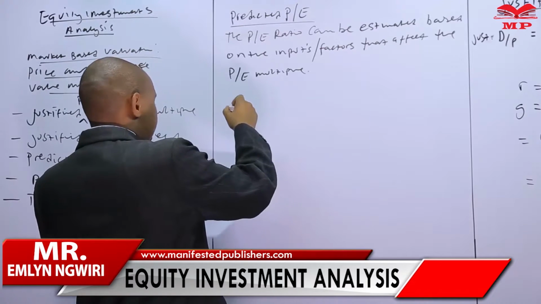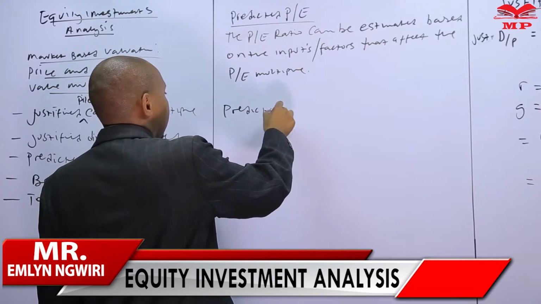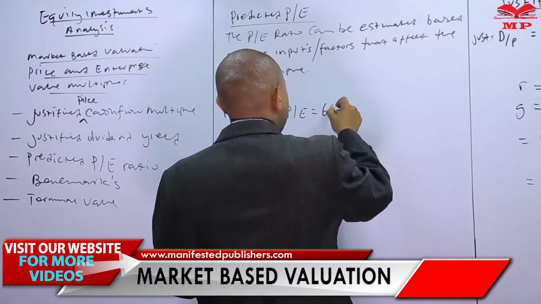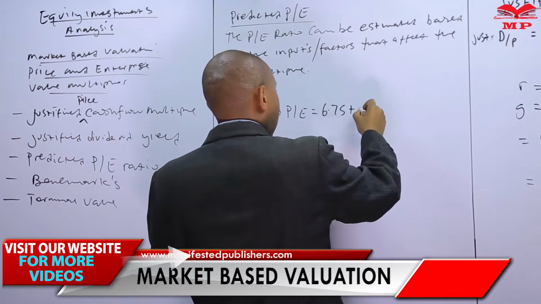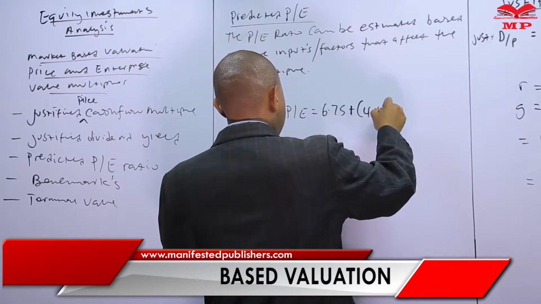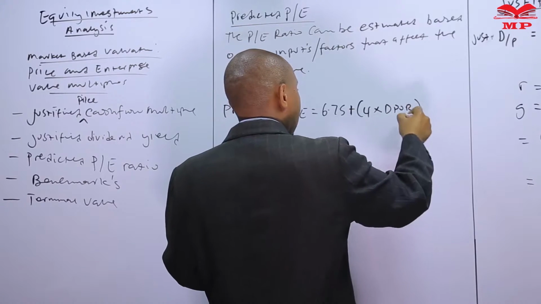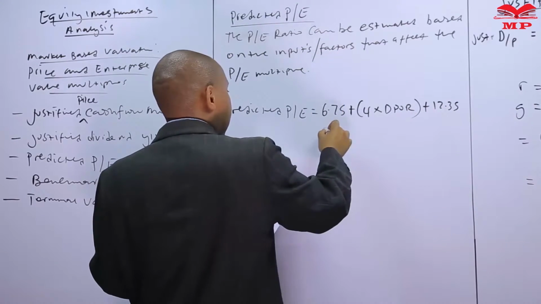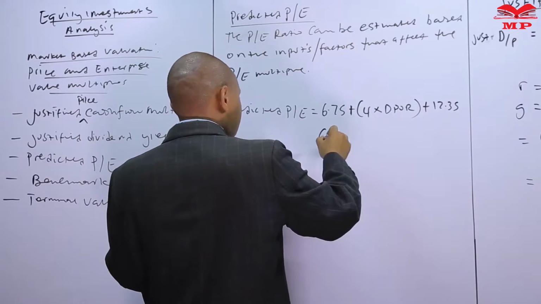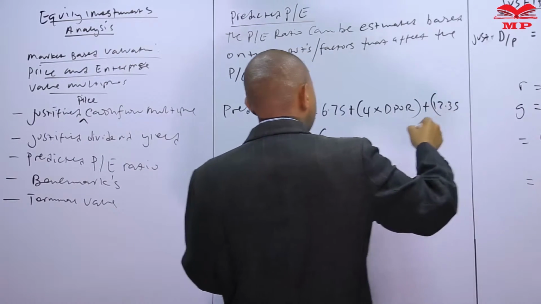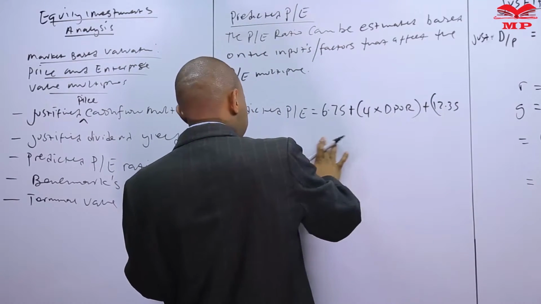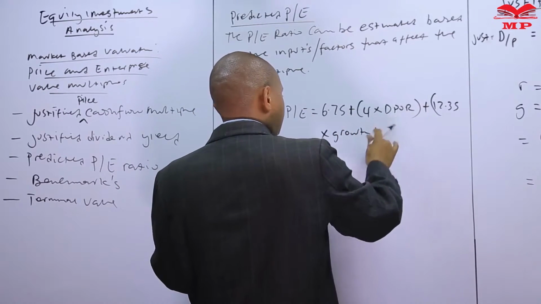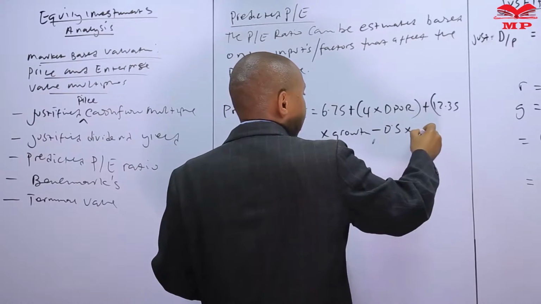So we've been given a predicted PE. P/E is given as 6.75 plus 4 multiplied by the dividend payout ratio, plus 12.35 multiplied by the growth rate, then minus 0.5 times beta.